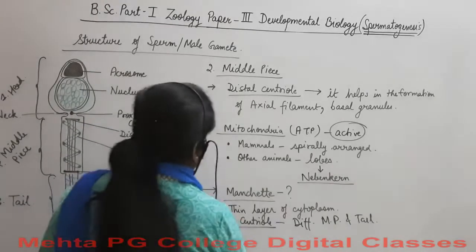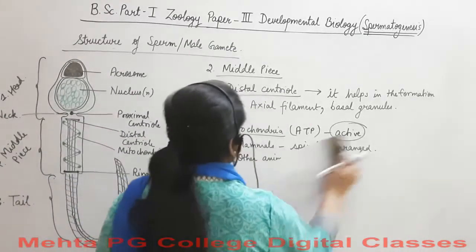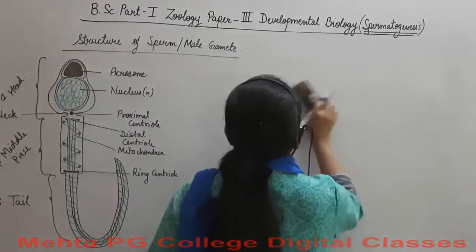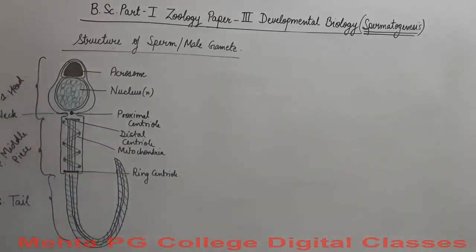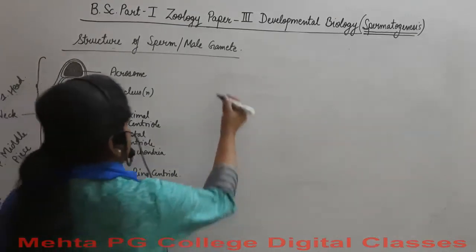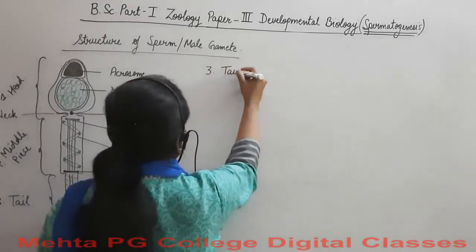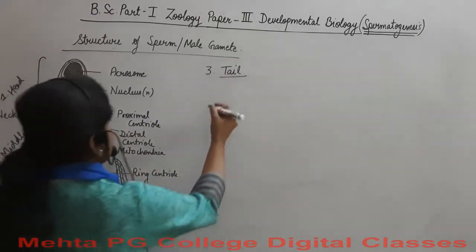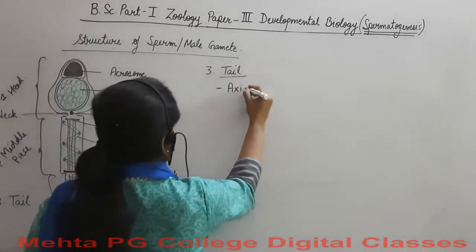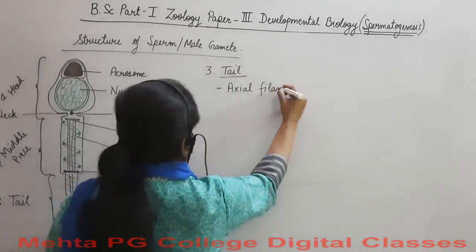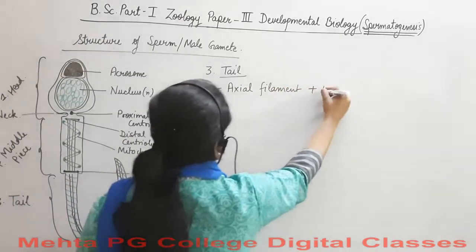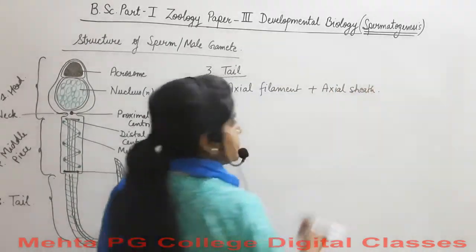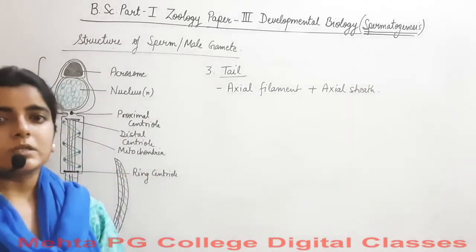Now we will talk about the last part, the tail region. The tail region contains axial filament plus axial sheath, it has an axial sheath around it.